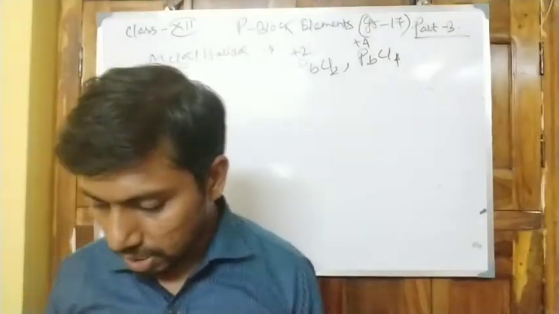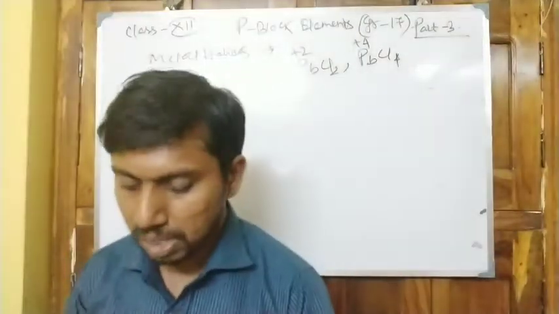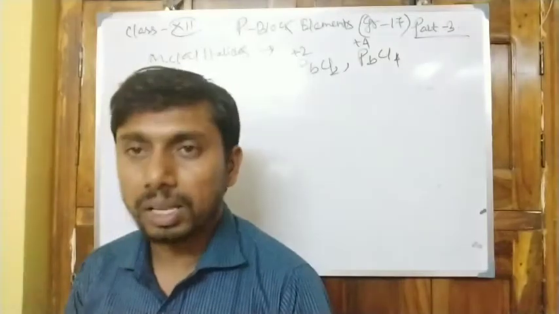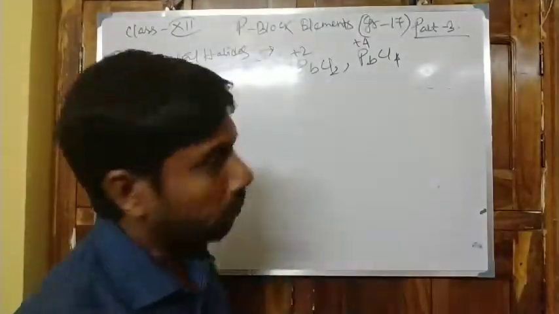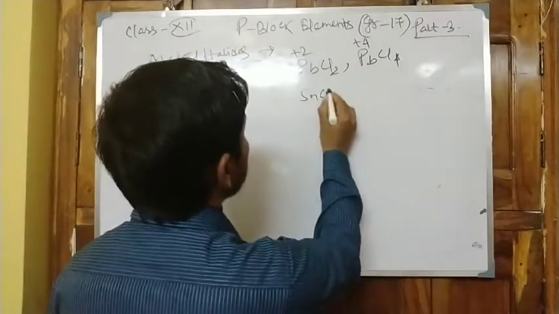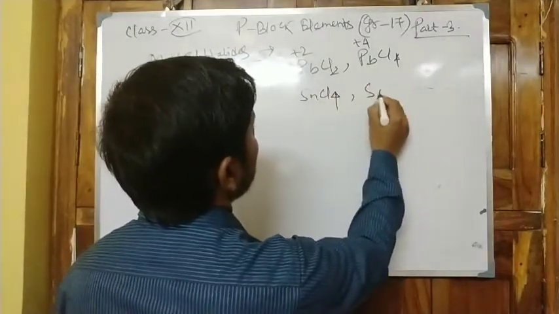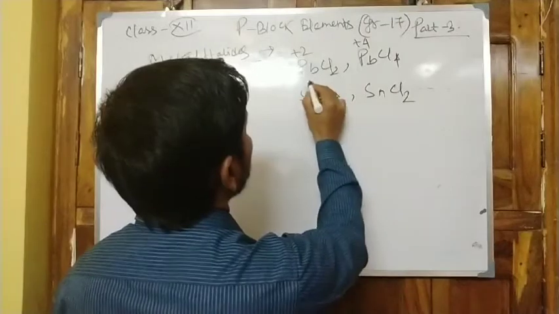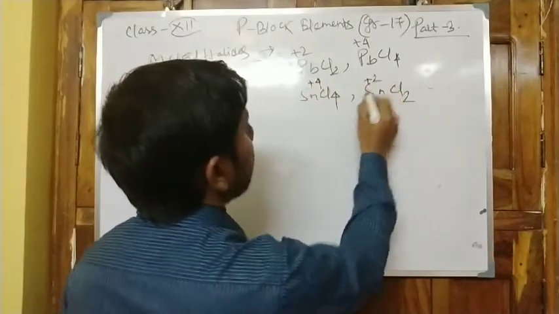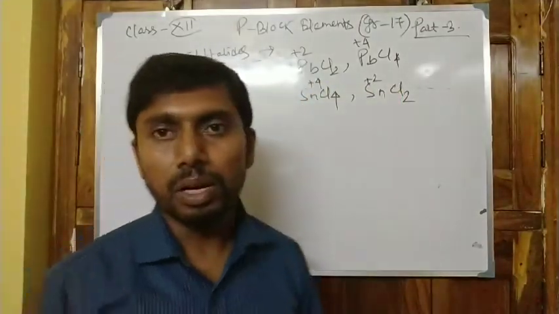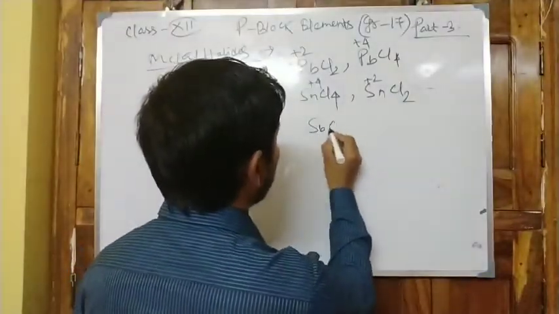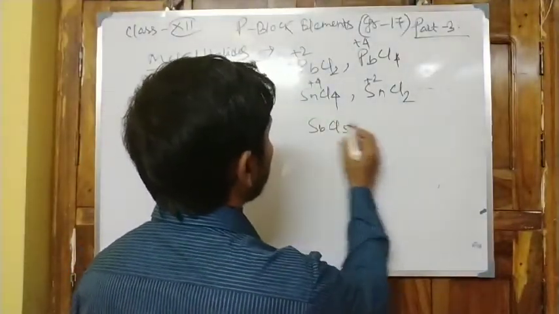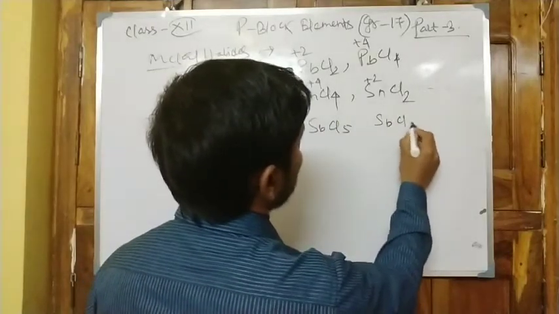So there are different questions, that is, why is PbCl4 more covalent than PbCl2? Another one may be SnCl4 and SnCl2, here also +4 and +2, so SnCl4 is more covalent. Another one is antimony, SbCl5 and SbCl3.